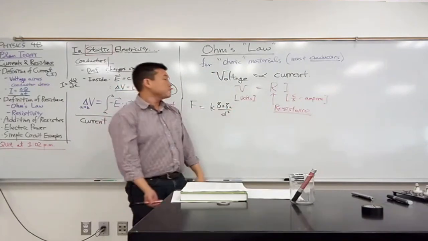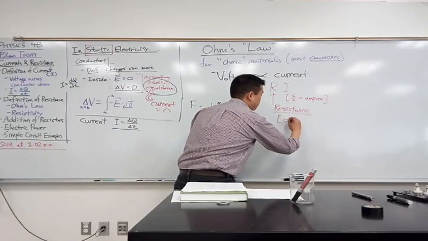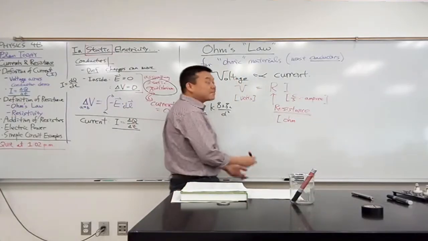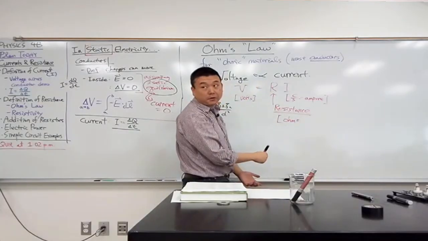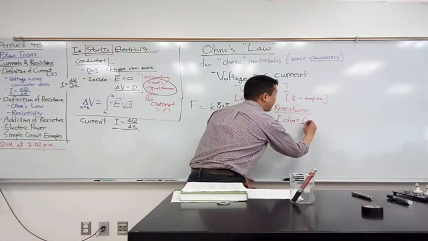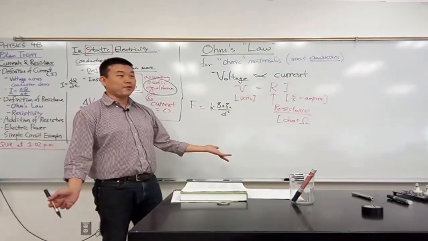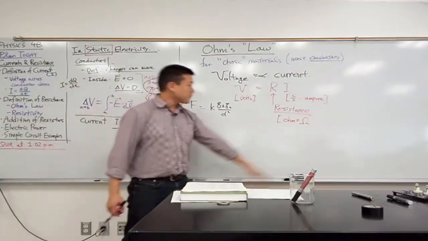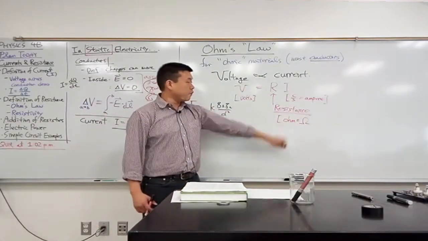There's a name for it. The unit of resistance is called ohm. That's the name of the unit because it comes from Ohm's law. And the symbol that you are going to see for ohm is not O or capital O. It's actually capital omega. I don't know why. I don't think we are using capital O for anything, but I guess it's too confusing with the zero. So capital omega is what we use as the abbreviation of ohm.